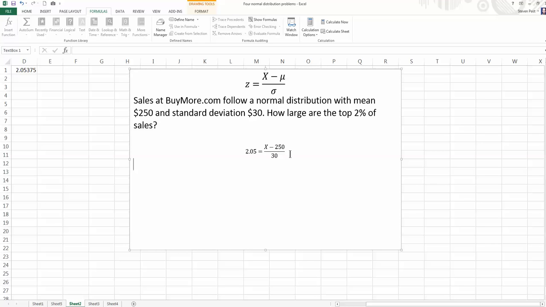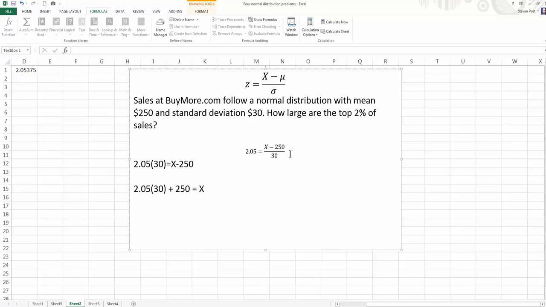And when we solve this for x, we get that 2.05 times 30, multiplying both sides of the equation by 30, equals x minus 250. Now add 250 to both sides, and we get 2.05 times 30 plus 250 equals x.